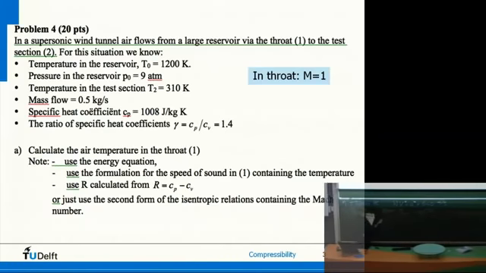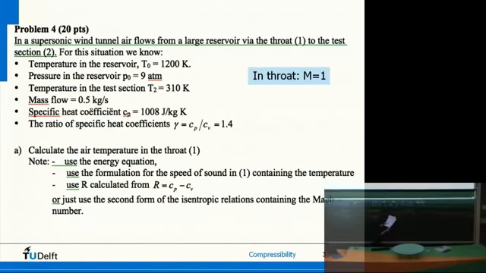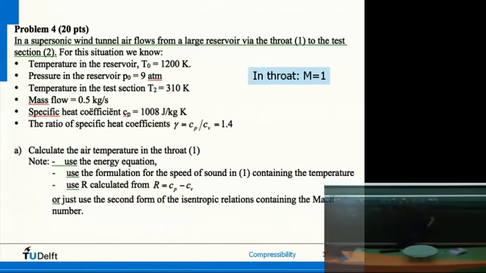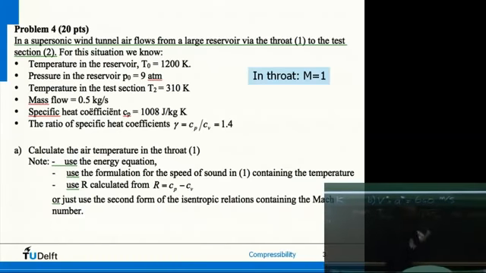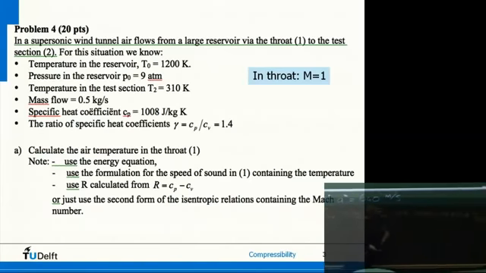Okay, let's try. So first, A test. A test is equal to the square root of gamma, 1.4, R, 288, and the temperature given is 310, right?